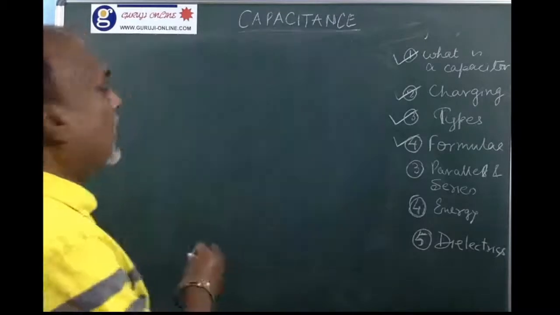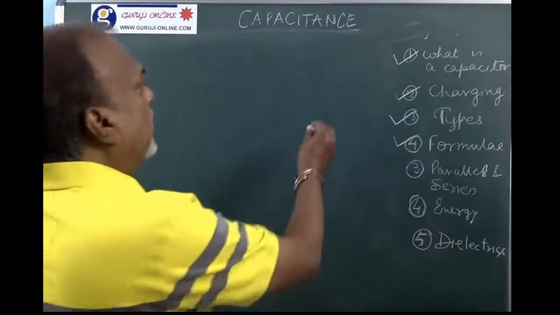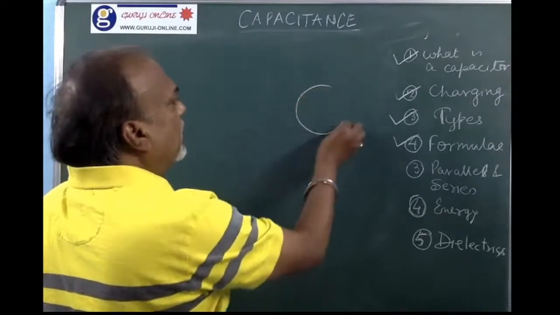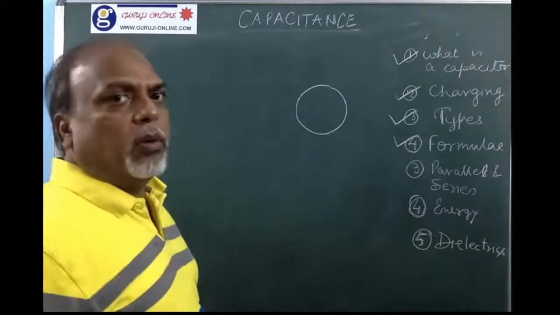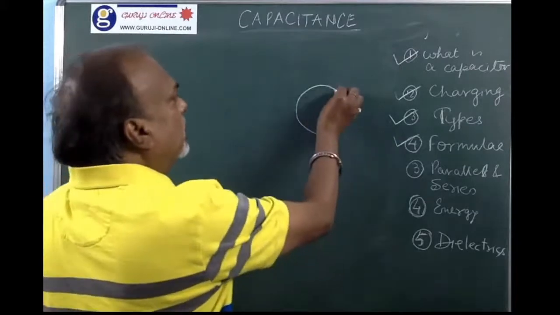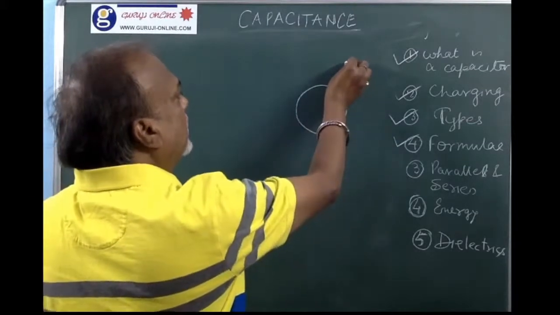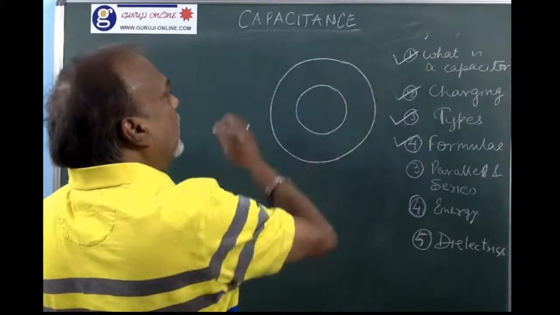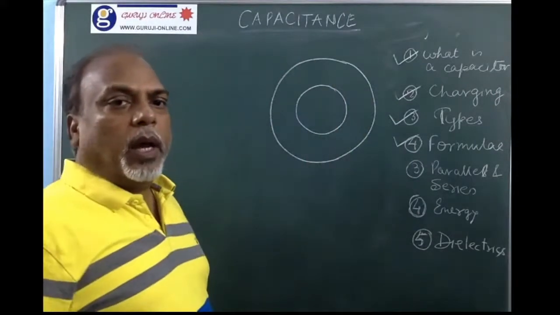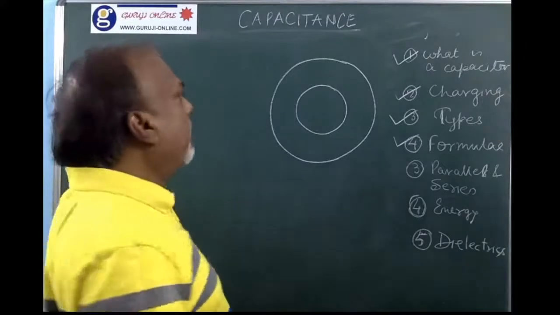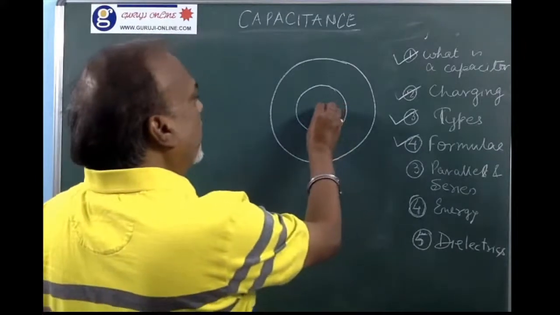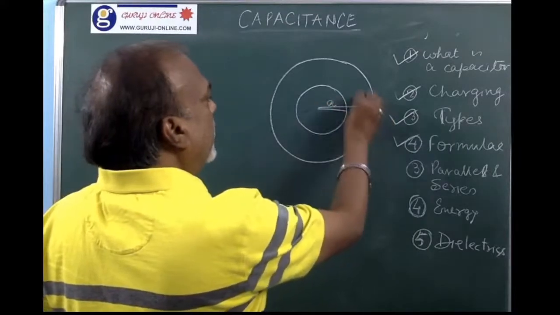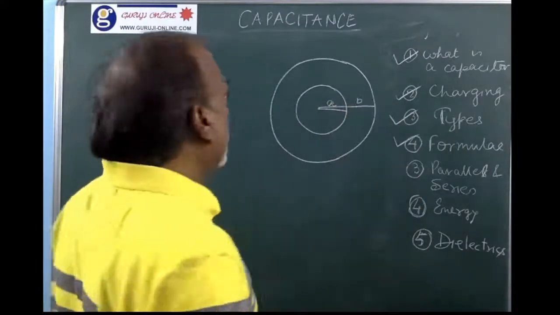Okay. Now let us see a spherical capacitor. A spherical capacitor, again, if you see the cross section, this is the inside sphere and this is the outside sphere, and same way it is A and it is B, correct?